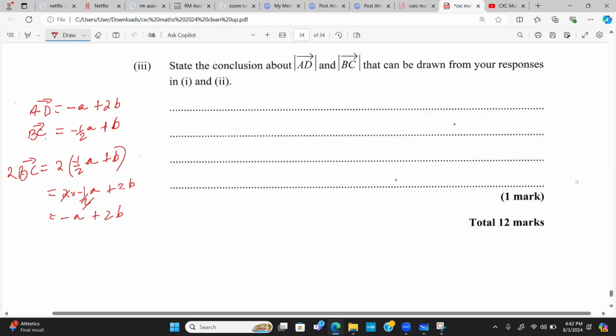Take a look. This is actually the vector AD. So what this means is that the vector BC is parallel to the vector AD.